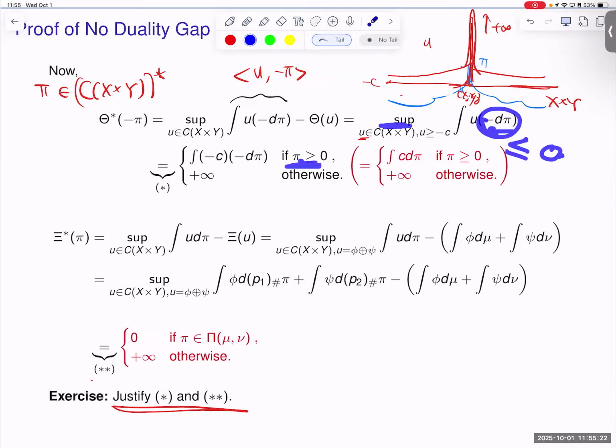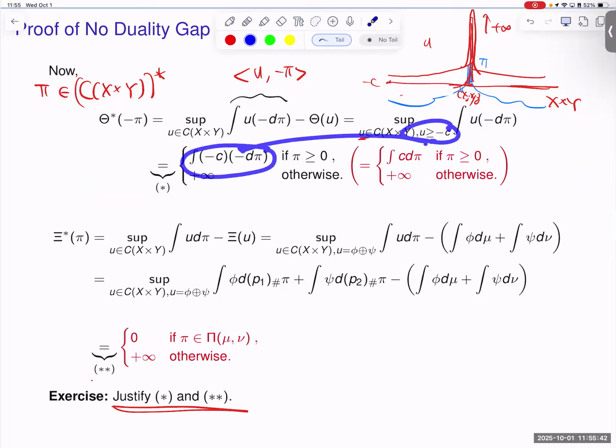And if pi is non-negative everywhere, then this is negative everywhere. Then to make the supremum, you want to have u be as small as possible, right? That is exactly negative C, because negative C is the lower bound. That's why in that case, you can just put negative C here. So that's why you can turn this condition into this expression. Okay, you can do a similar argument for the other part.